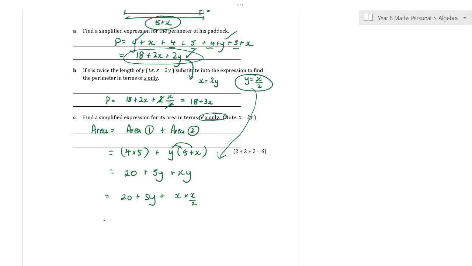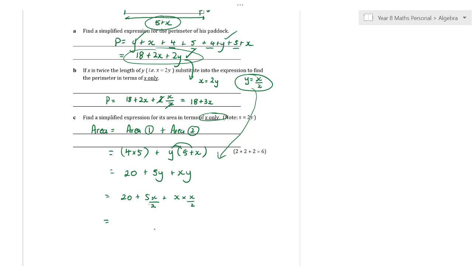So this one's going to be a little bit different. Oh, actually, sorry, my bad. Okay, so 5 times y is 5x over 2. And x times y is x times x over 2.